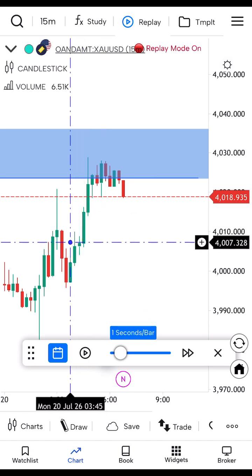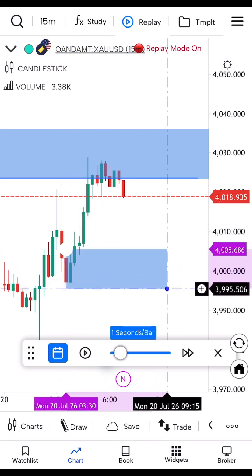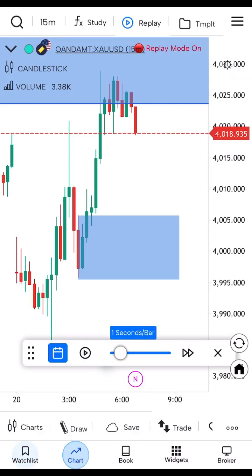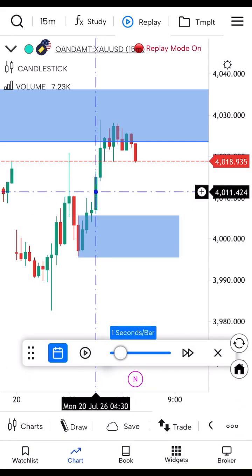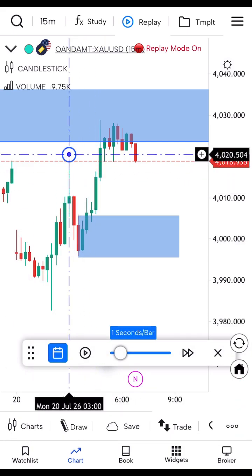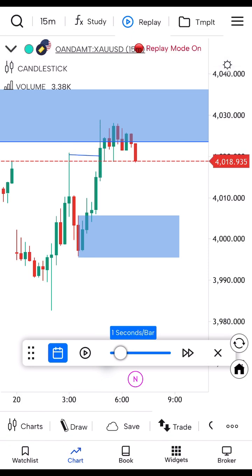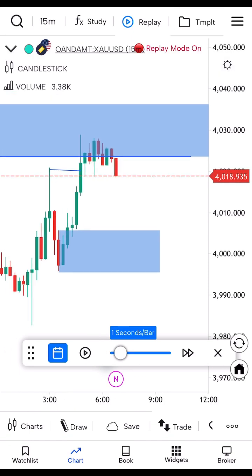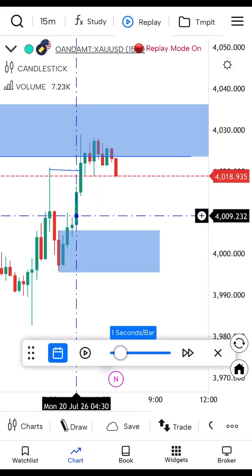Looking at the left side, I can see this order block that created a break of structure. Let me indicate it for you guys. Break of structure there, meaning that it actually has good momentum, and at the same time we have a fair value gap right there.